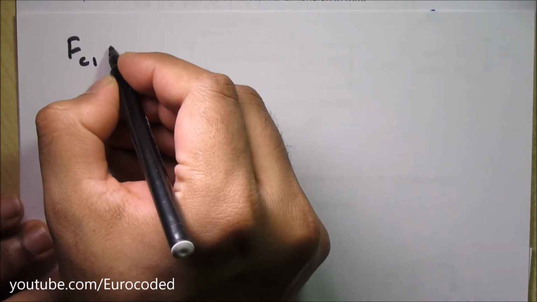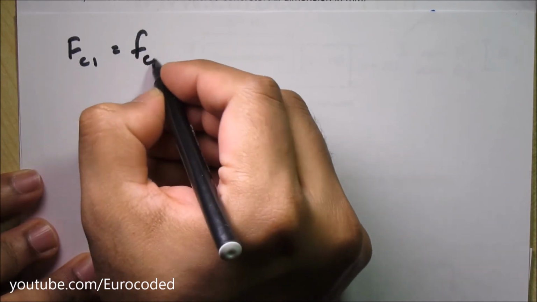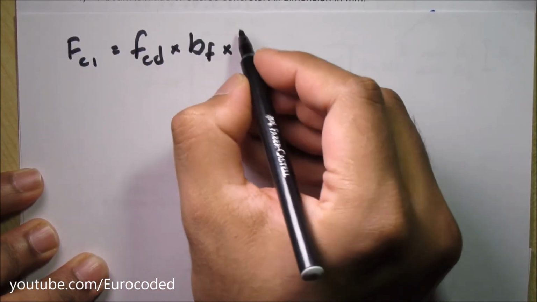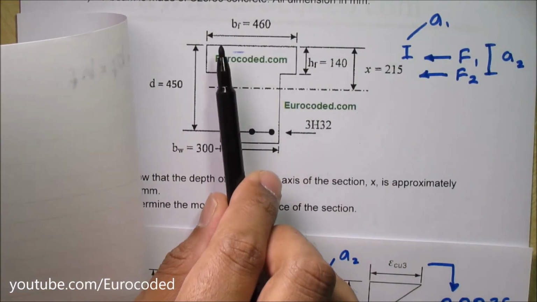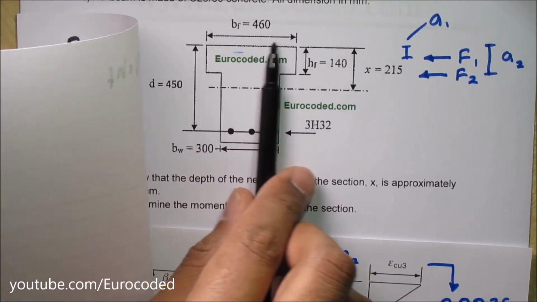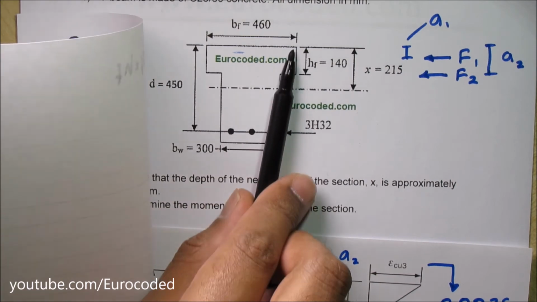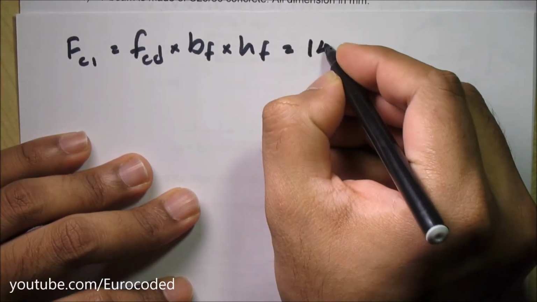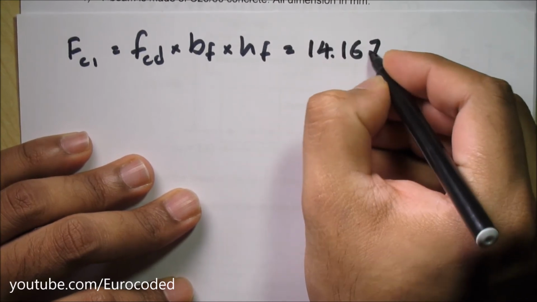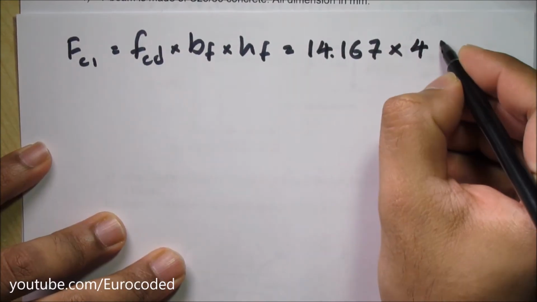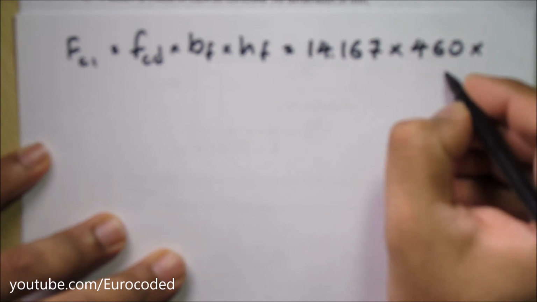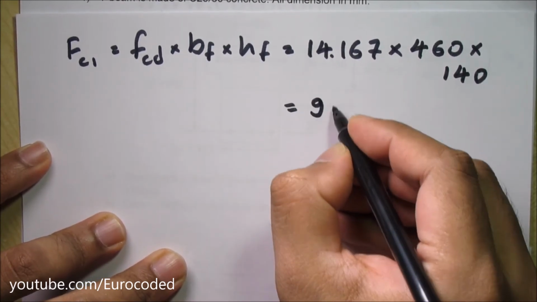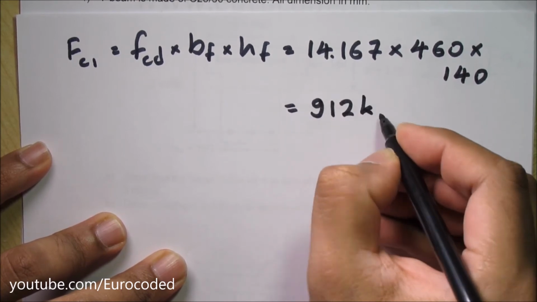Now let's calculate Fc1 and Fc2. Fc1 is equal to FCD times bf times hf. bf is the width of the flange and hf is the depth of the flange. This is equal to 14.167 times 460 times 140. This is equal to 912 kilonewton.